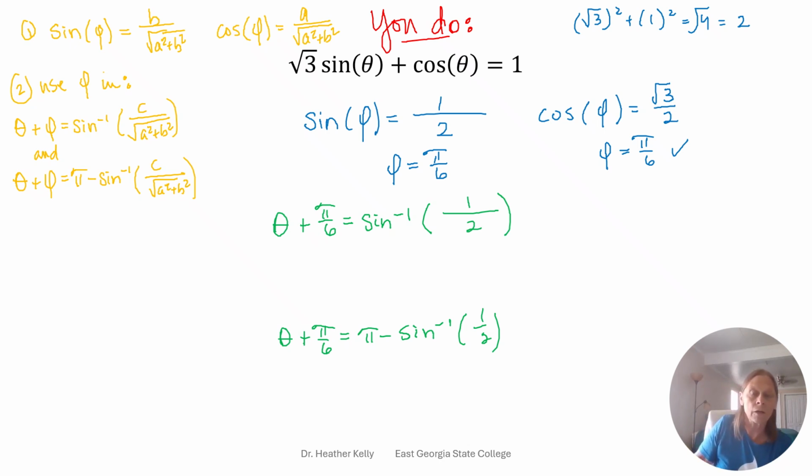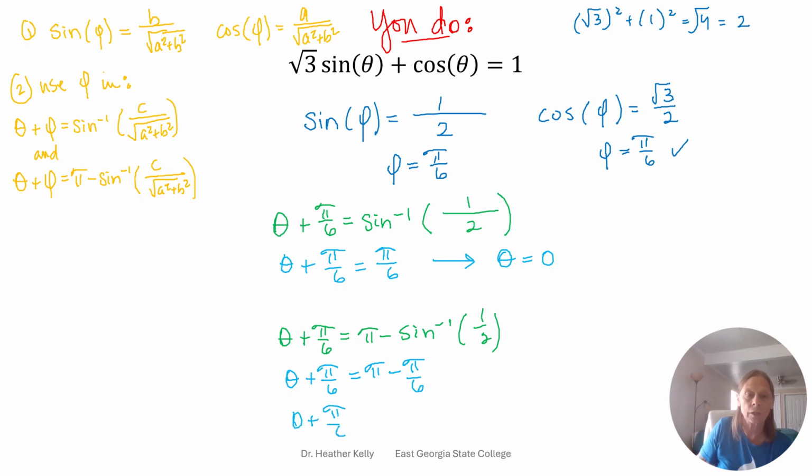All right, so let's finish these guys up here. So the arc sine of 1/2 is pi over 6. So we have theta plus pi over 6 is equal to pi over 6. That gives us theta is equal to 0. And then here we have theta plus pi over 6 is equal to pi minus pi over 6. So that's 5 pi over 6.